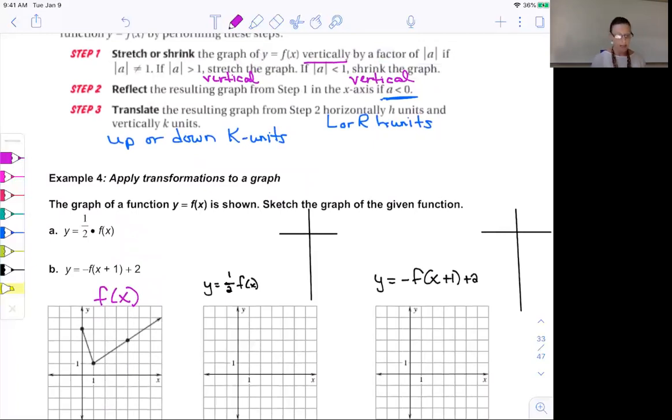The 1/2 is the a value. What does that a value do to the graph from the 3 steps up above? So what would that a value do to our graph? Thinking about what kind of number that is and what kind of stretch we would have.